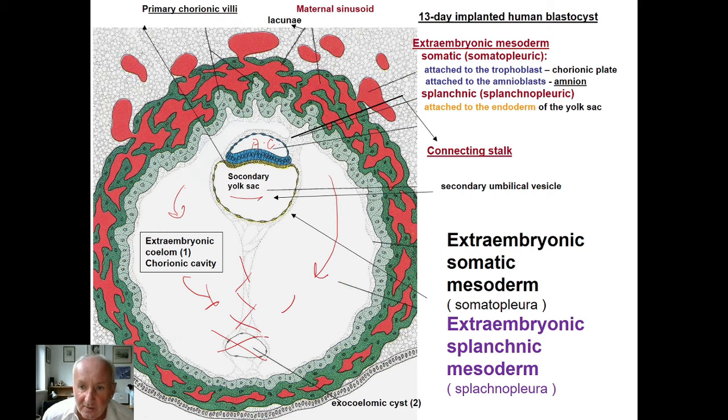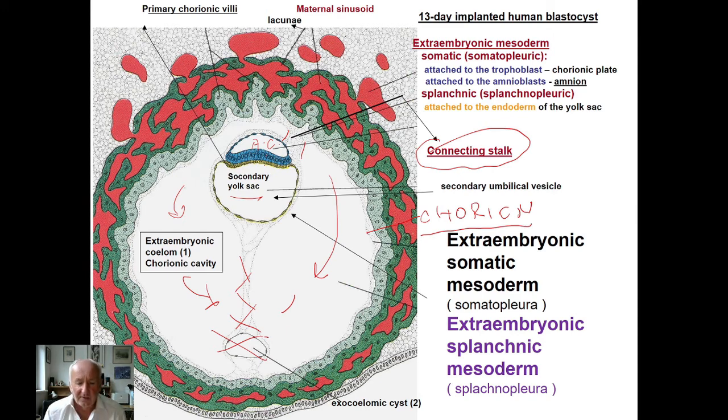Connecting stalk is a connection between the embryo and the outer fetal membrane, the chorion. This is connecting it. The outer fetal membrane is the chorion.